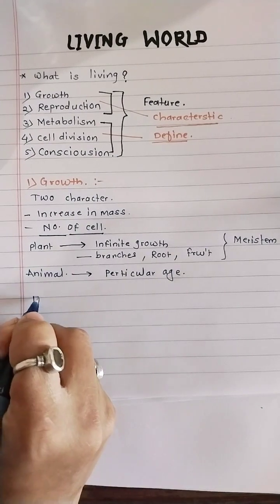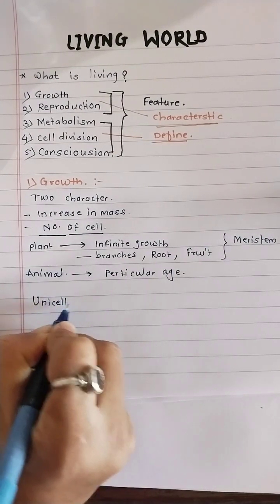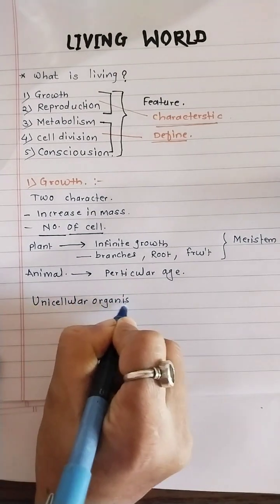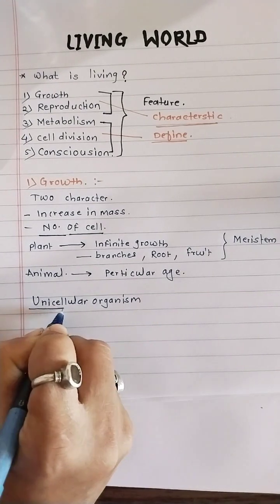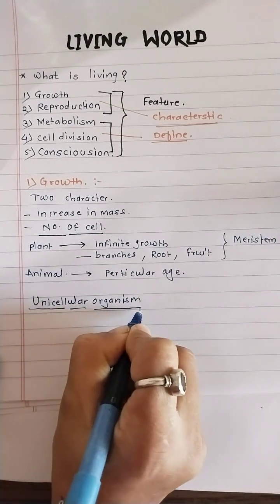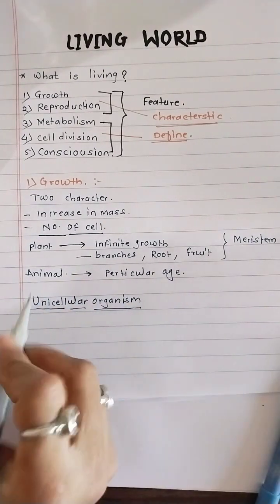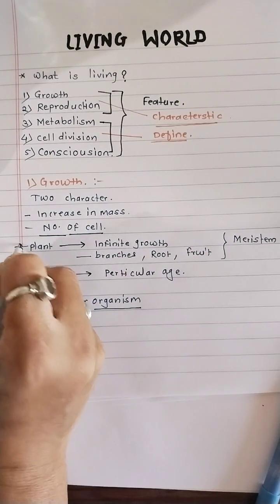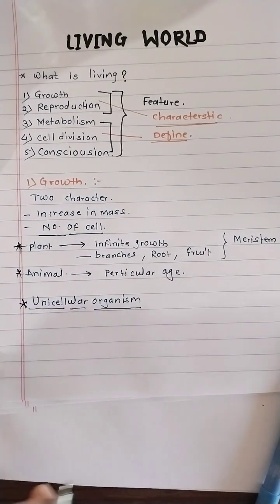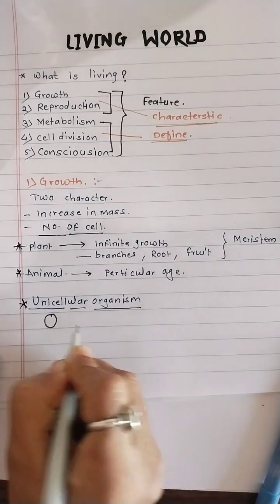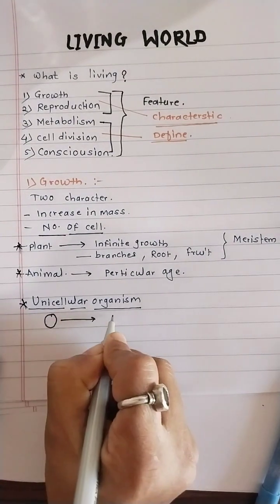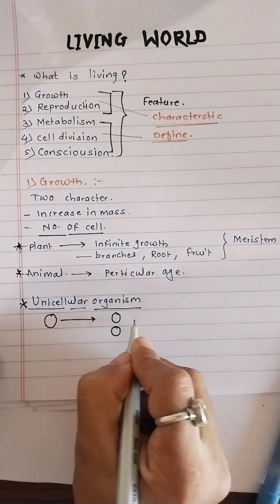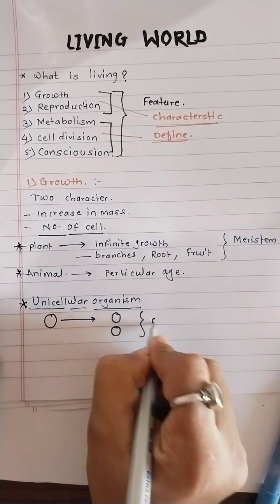For unicellular organisms, what is the meaning of unicellular organism? We already studied it in 9th class. Those having only a single cell are called unicellular. When the cell divides into 2 parts, 3 parts, we call this cell division.